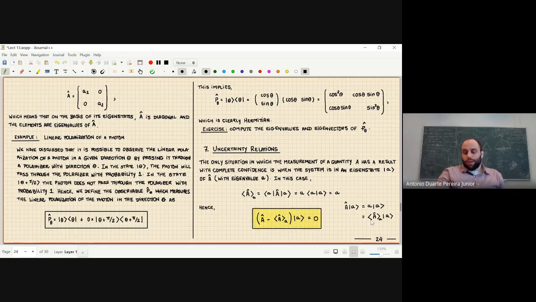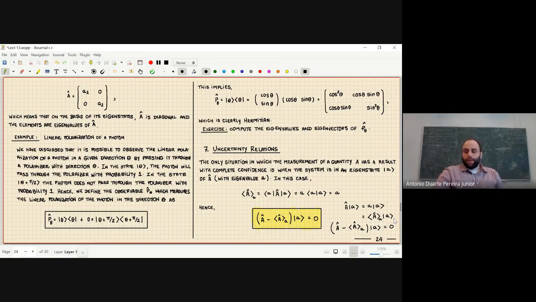Given that equality, I can just bring this to the left-hand side and write A hat minus the expectation value of A hat in the state |a⟩, this acting on the eigenstate |a⟩, and this must be 0.